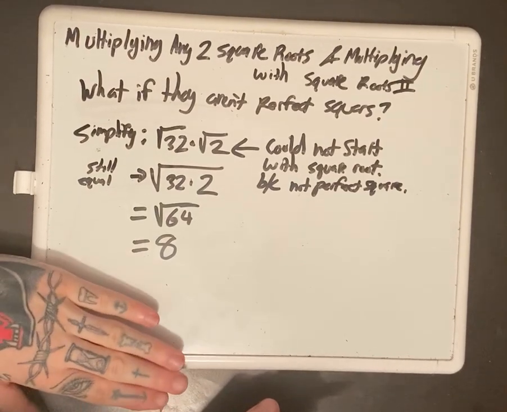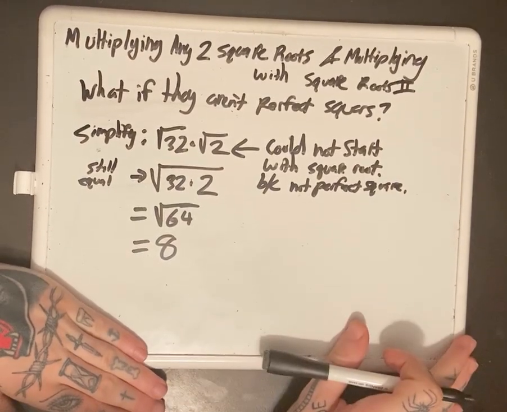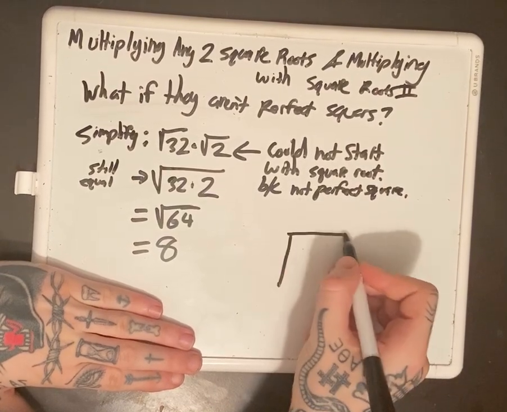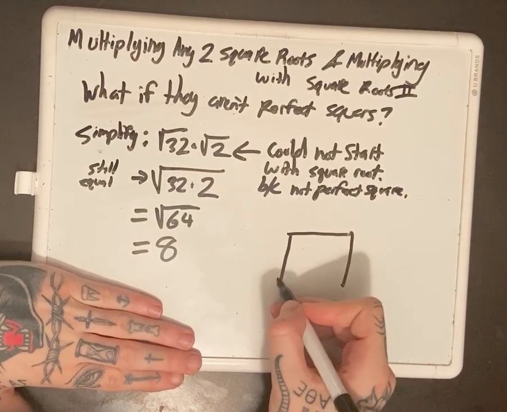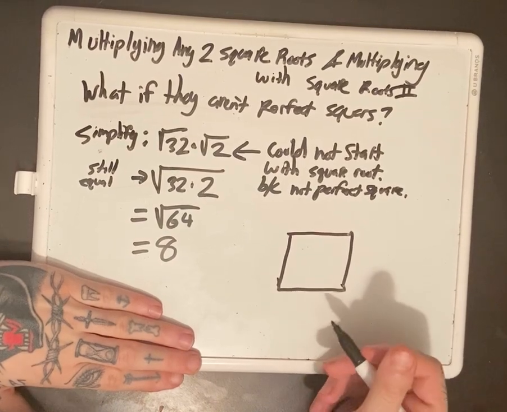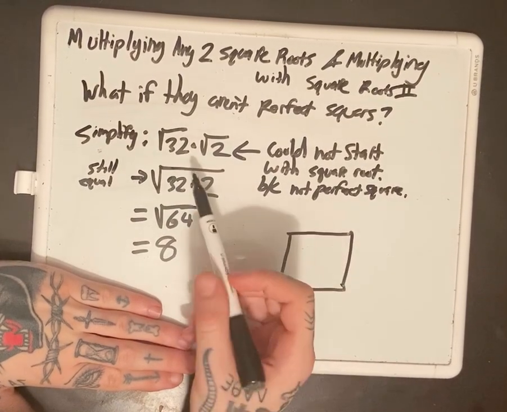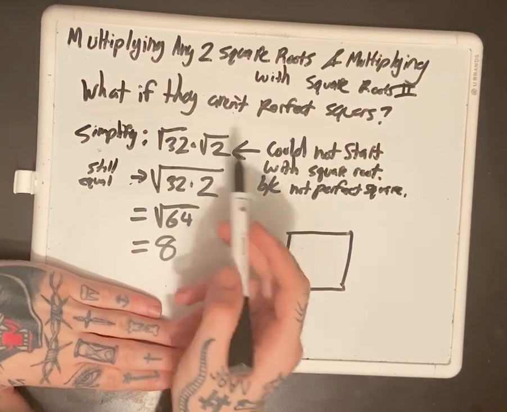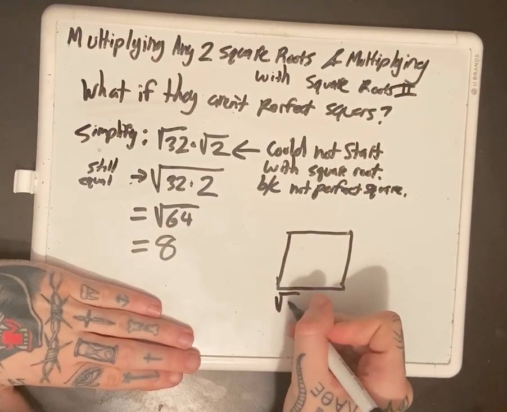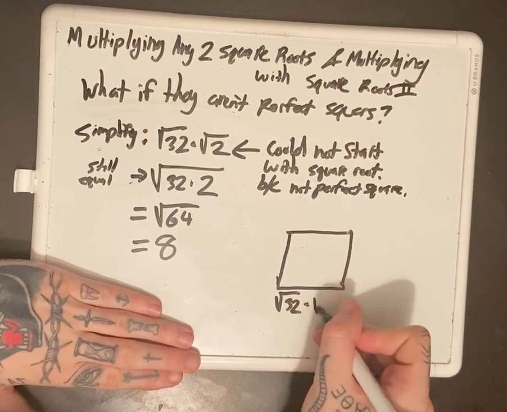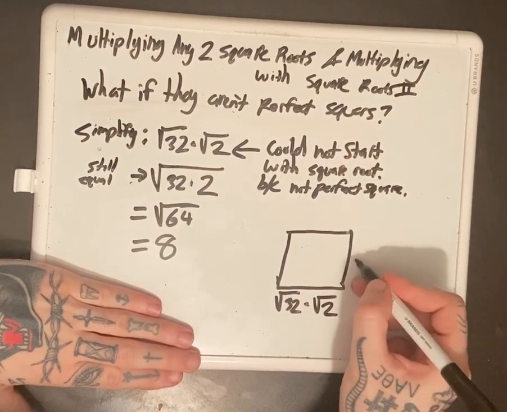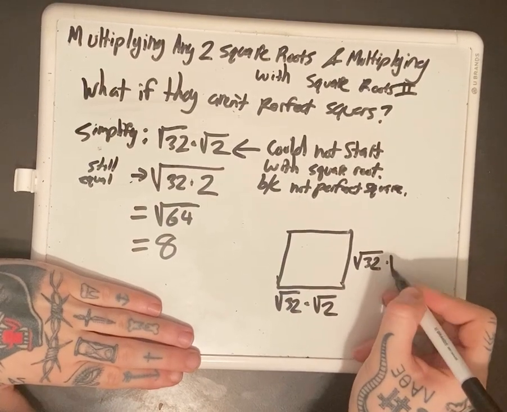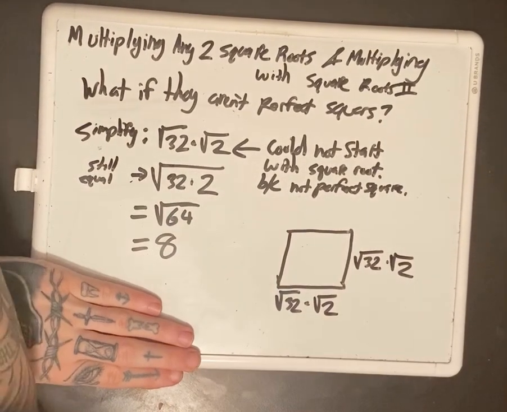So just to reinforce the idea that this is actually true, let's look at a square briefly. Now each side of the square is going to equal square root of 32 times 2, which is square root of 32 times square root of 2.